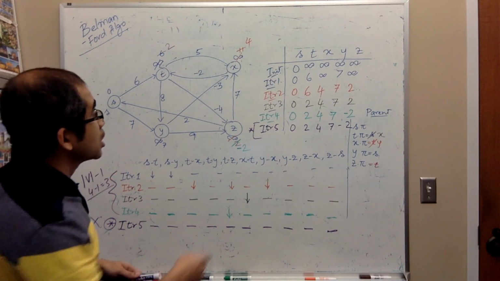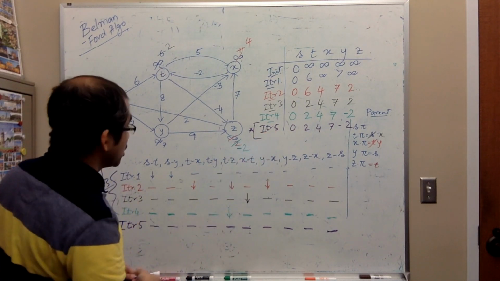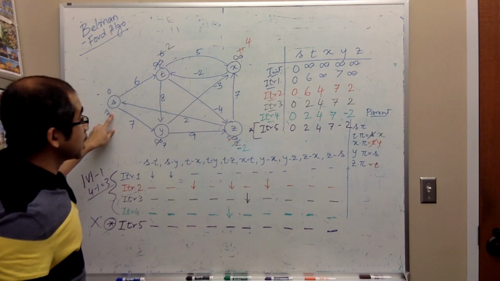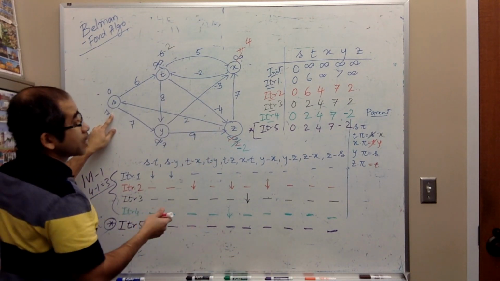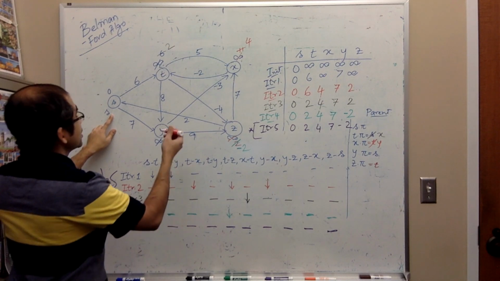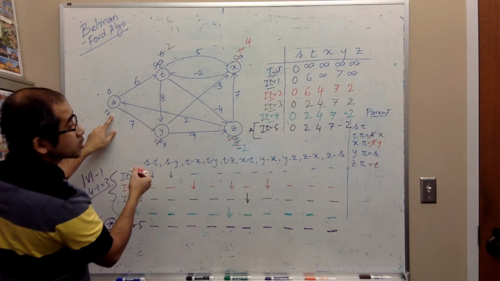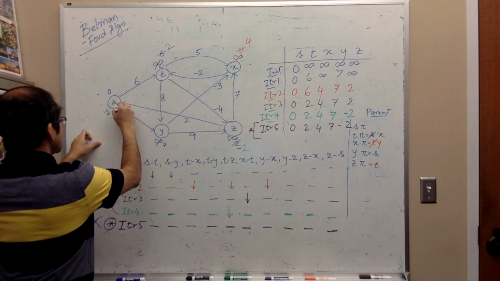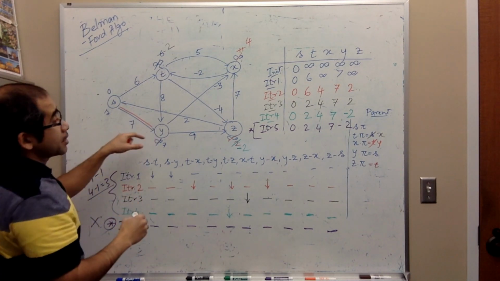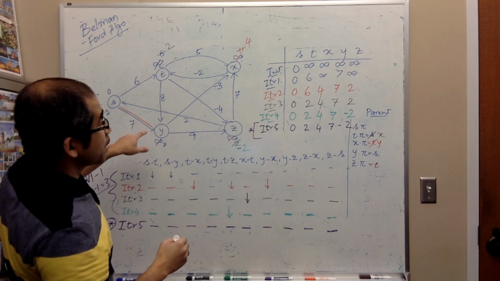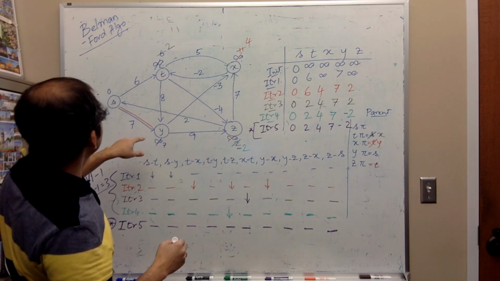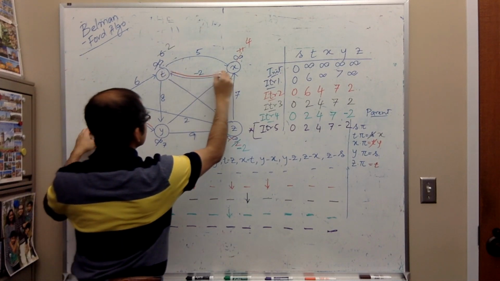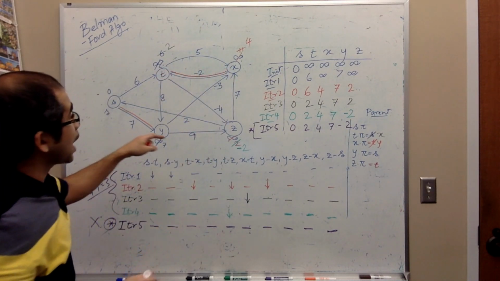Now using that parent pointer, we can draw the shortest path tree. T's parent is X, so this is the edge which made it maximally relaxed.